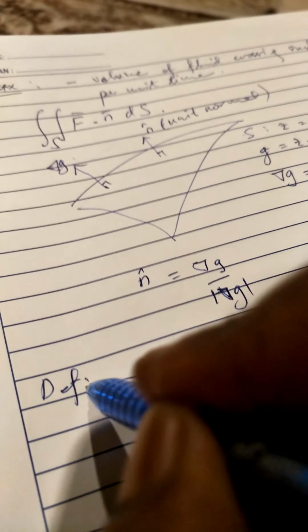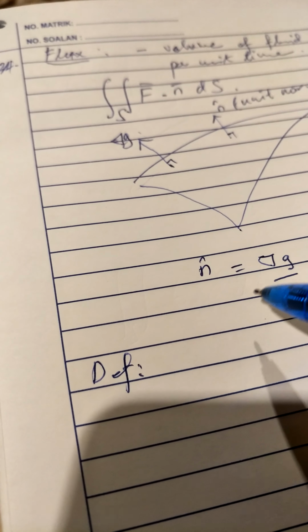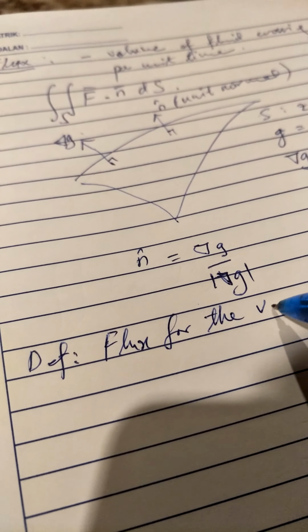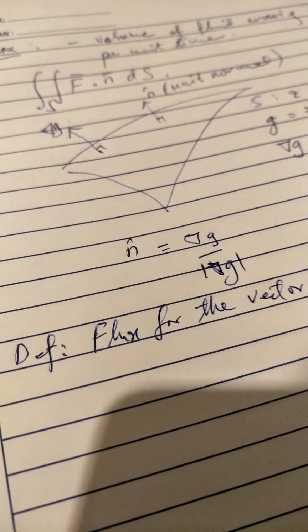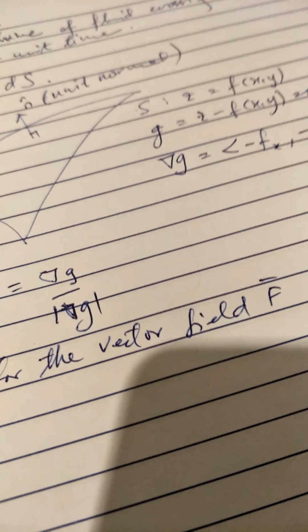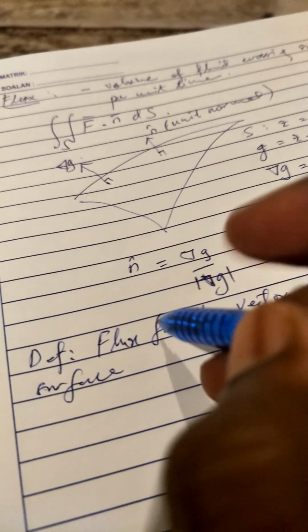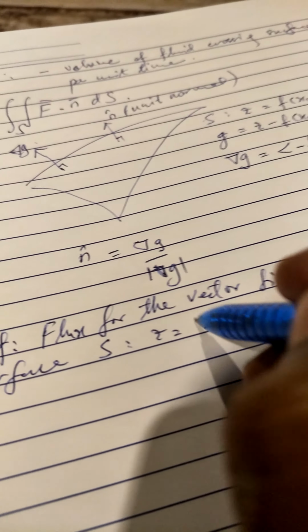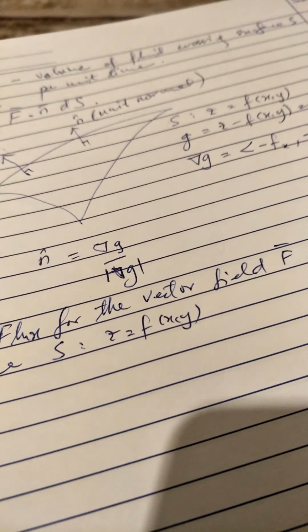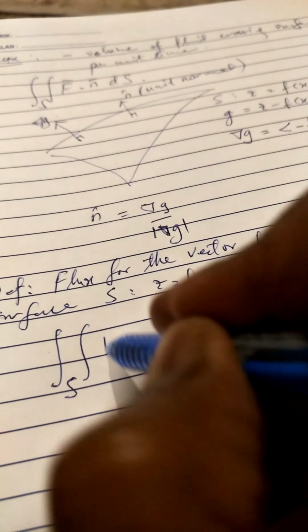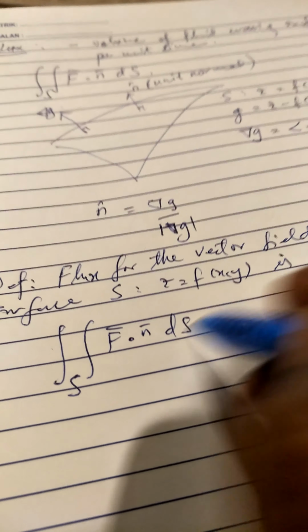Alright, so I'll give you a formal definition. The flux for the vector field F crossing the surface S, where S is given as z equal to f(x, y), is given by the double integral of F dot n dS.